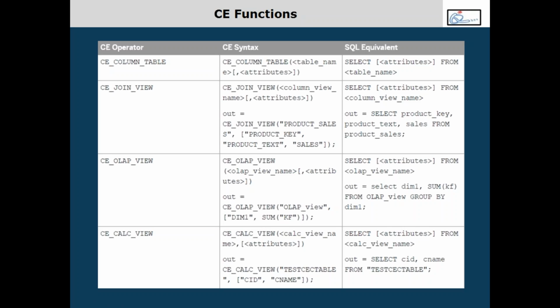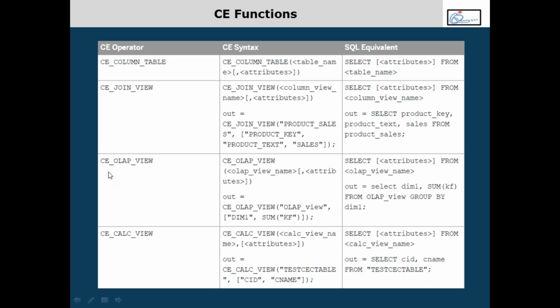Attribute view, right? So understand this easily. When you activate an attribute view, it creates a runtime column view in the SYS_BIC schema. When you want to read data from that column view, I use the operator CE_JOIN_VIEW.